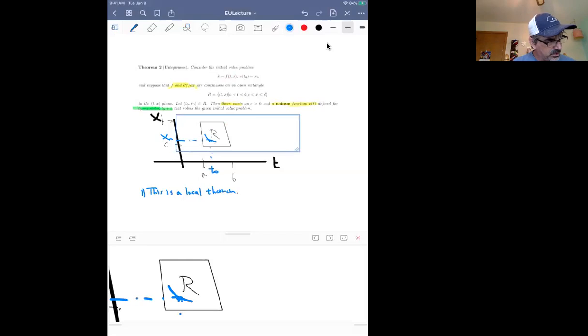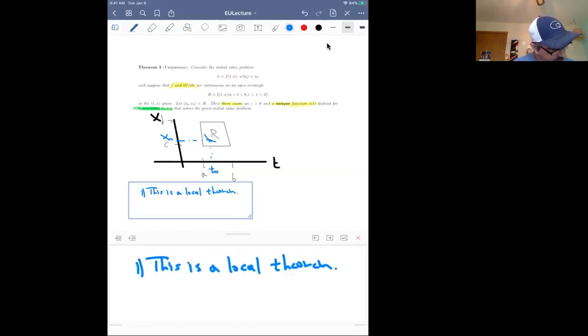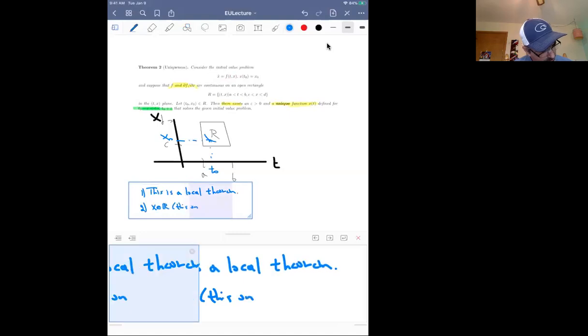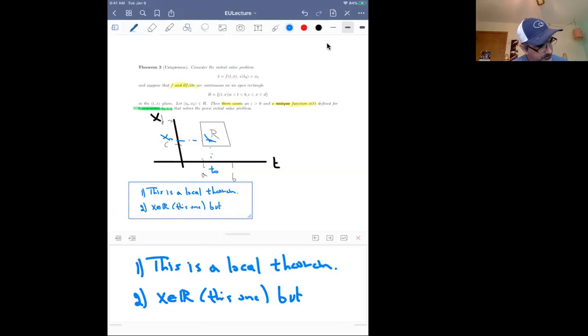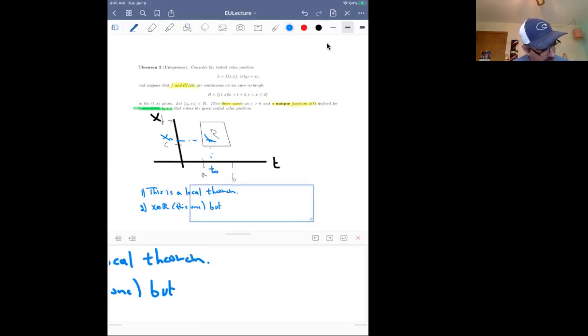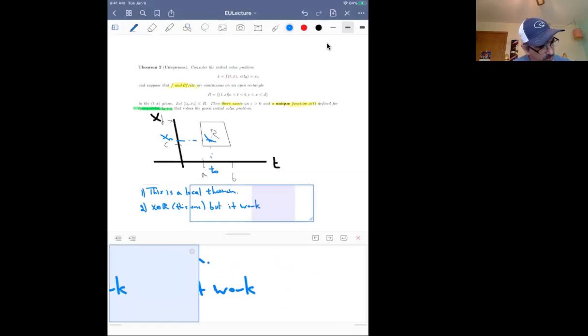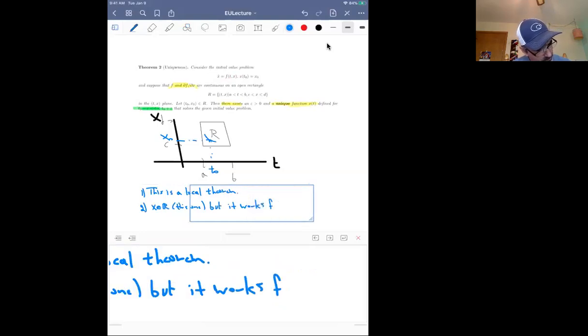The second thing to note is that I've stated this for x in R, but the proof works in higher dimensions.